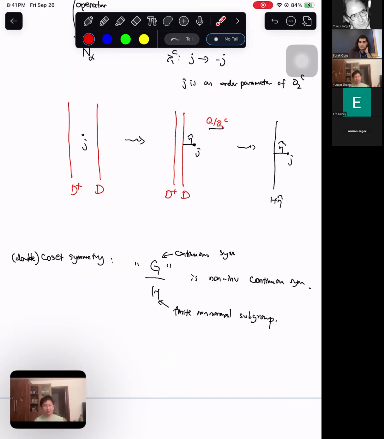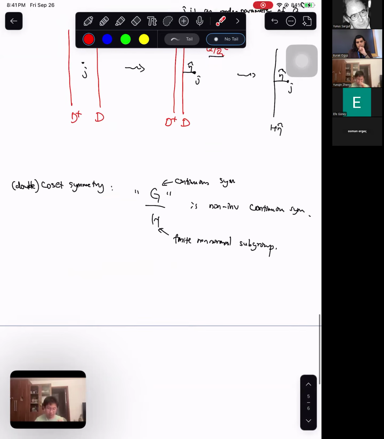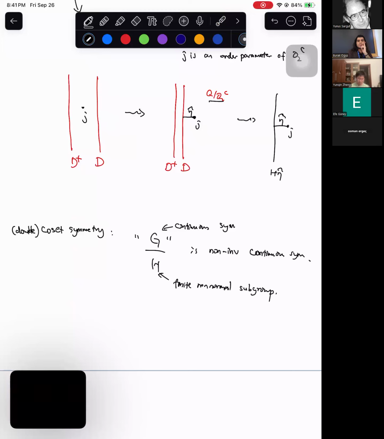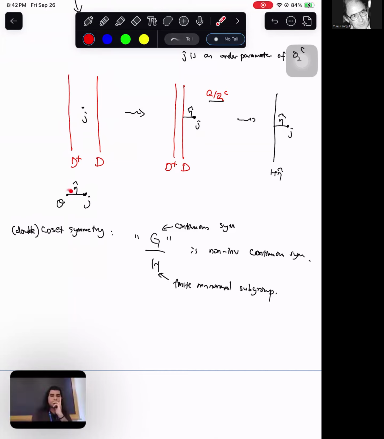Another thing you can play with, which I haven't thought about before, is that you can imagine a situation where this eta hat line can terminate on the local topological operator. So you have, on one hand, the eta line can terminate on J, but on the other hand, the eta line can terminate on the topological operator O. And because this side is topological, you can shrink it away to make it a local operator.